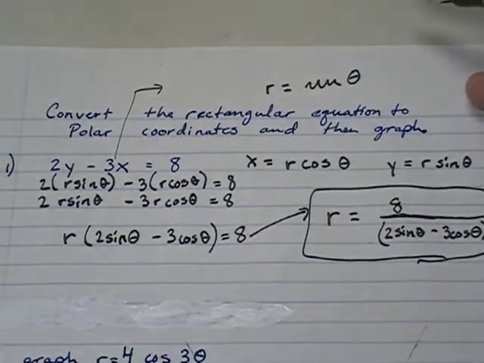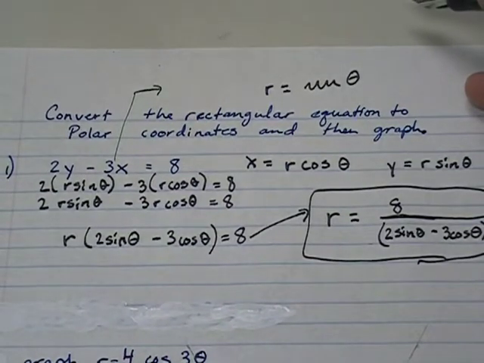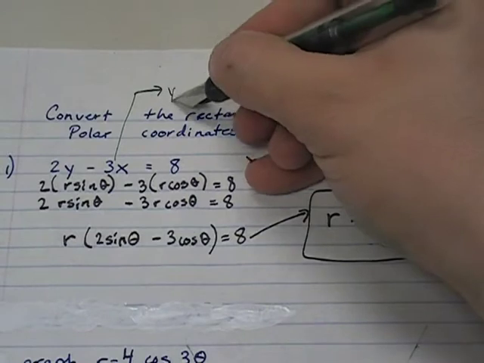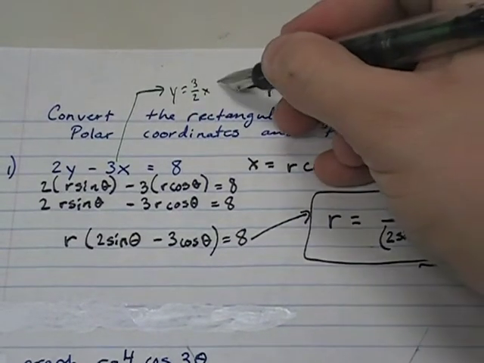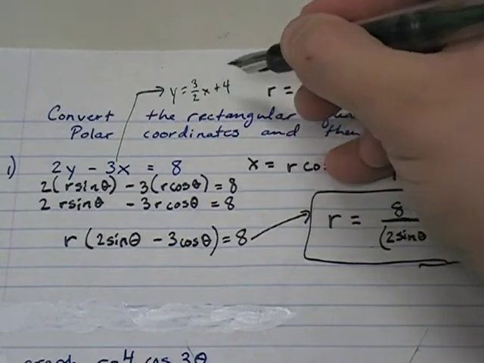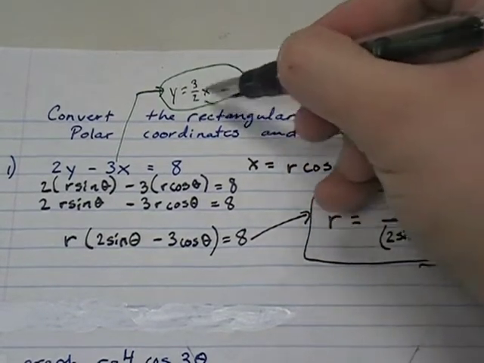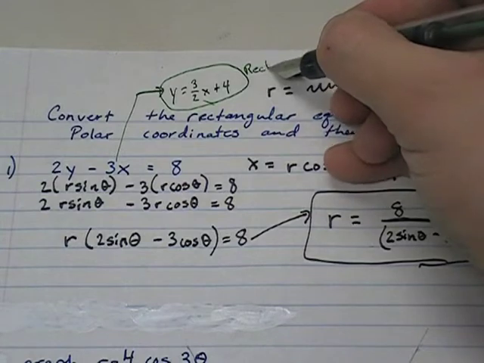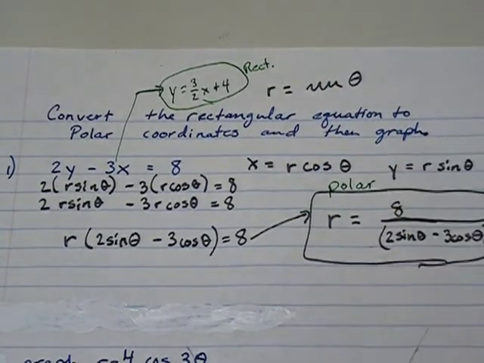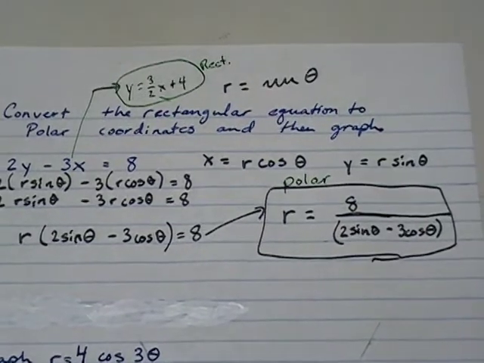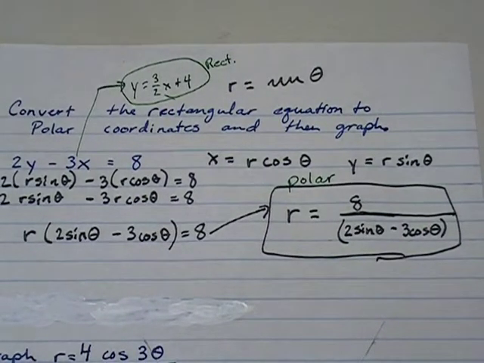I'm going to put this in slope-intercept form, which is y equals 3/2 x plus 4. That's rectangular form. And this is polar form. Okay?